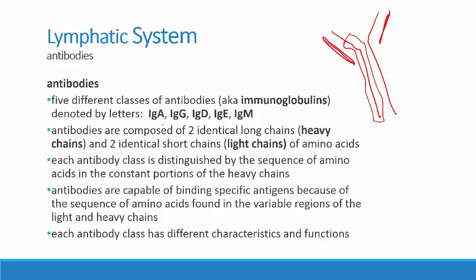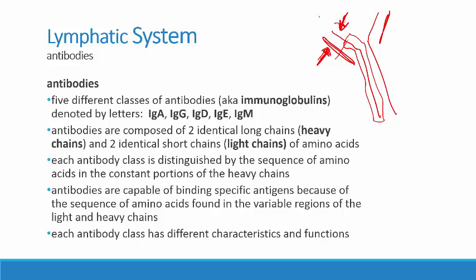But the reason that antibodies are capable of binding to specific antigens is that in what's termed the variable region of both the light chain and the heavy chain, we see lengths of amino acids that can create a binding site particular to whatever antigen this antibody is tuned for.